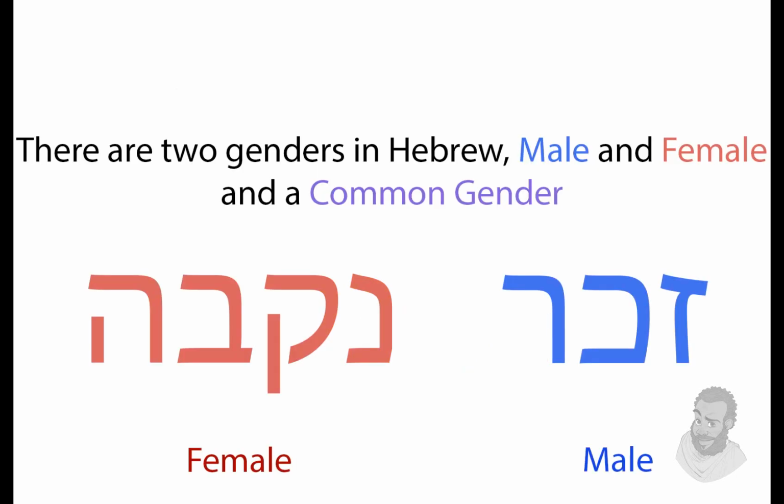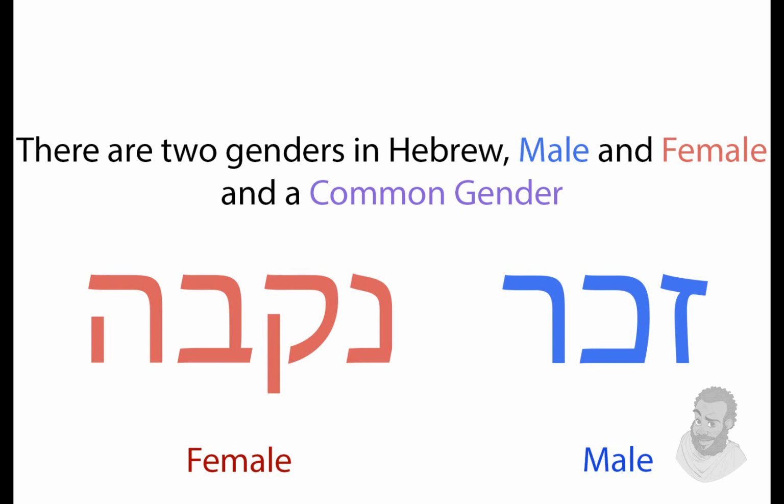There are two genders in Hebrew, male and female, and a common gender. This common gender is stating that it's neither male nor female, it takes on both. We will look at a few examples of what those common gender words are.